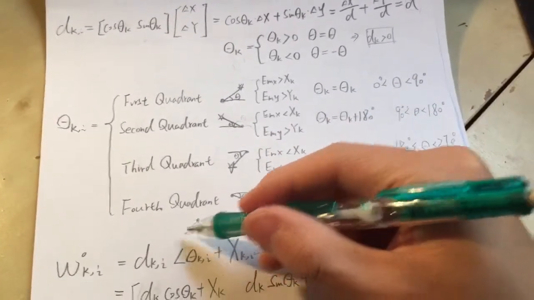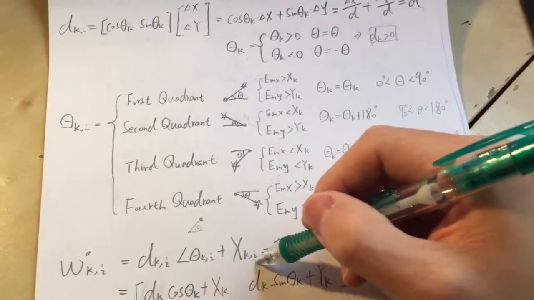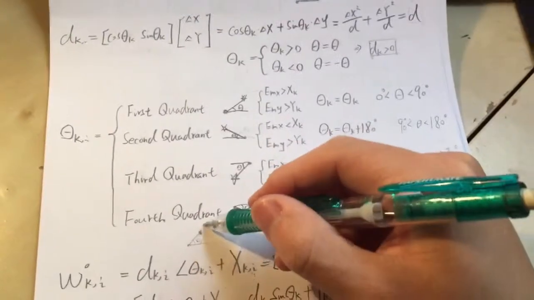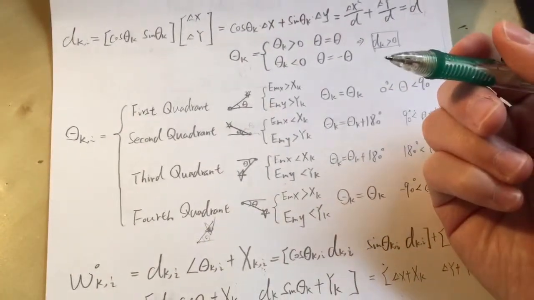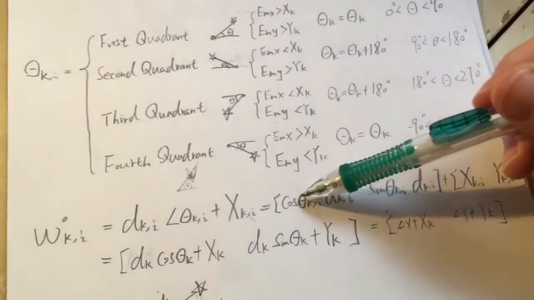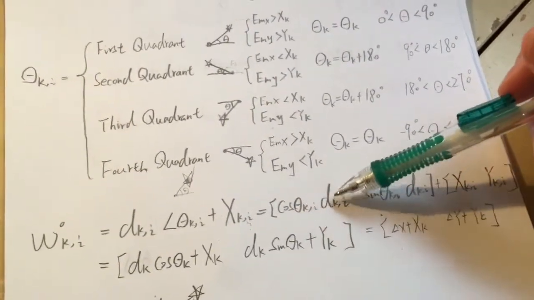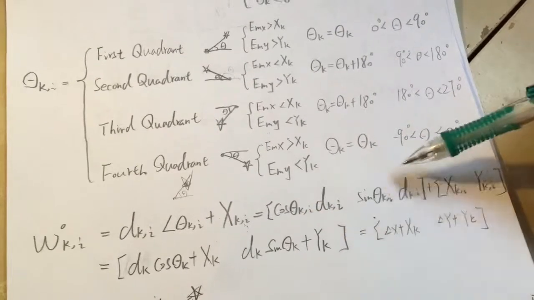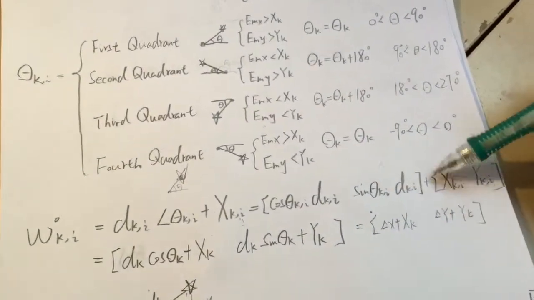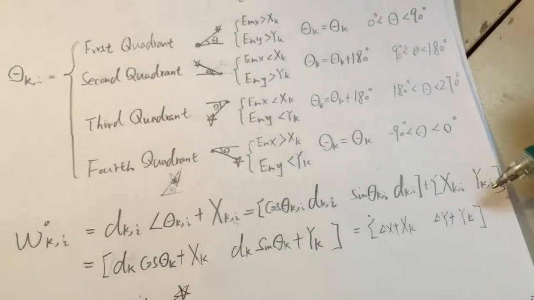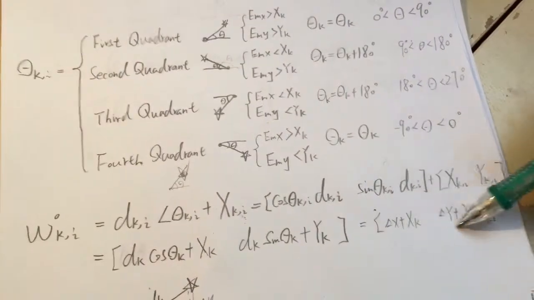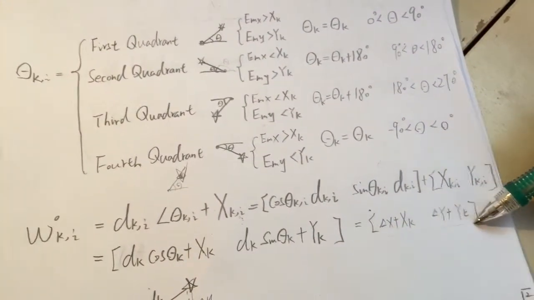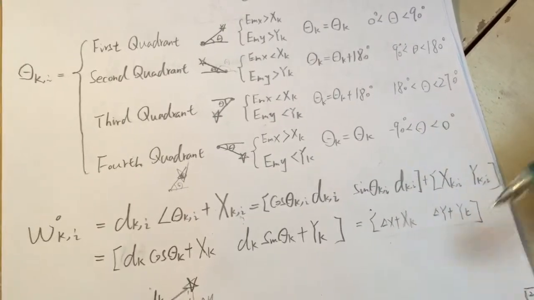Plus the sensor location, then we will get the target. Simple, right? Cosine theta times dk will equal delta x, this is delta y, and then plus xk, yk, and we will get the estimated target location. Okay.